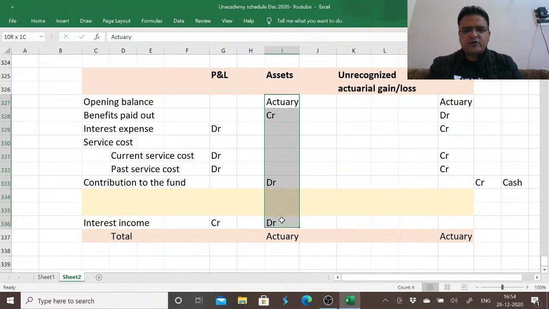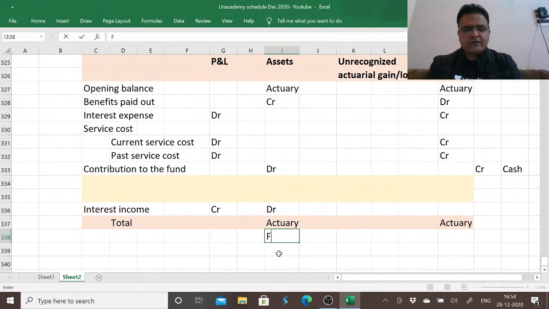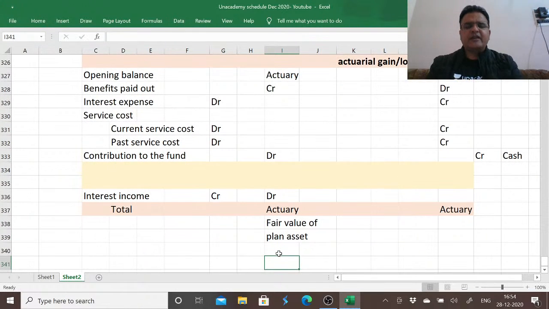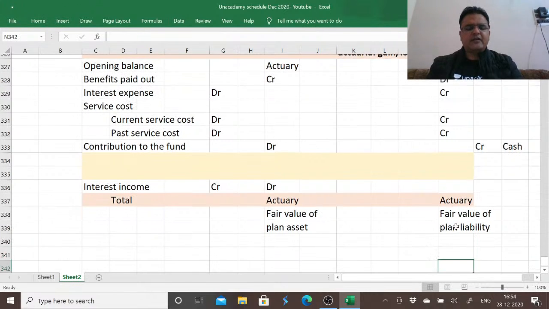When we did the total, it did not match with the total given by the actuary, that is the fair value of plan assets given by the actuary at the end of the year. This is the fair value of plan liability given by the actuary at the end of the year.